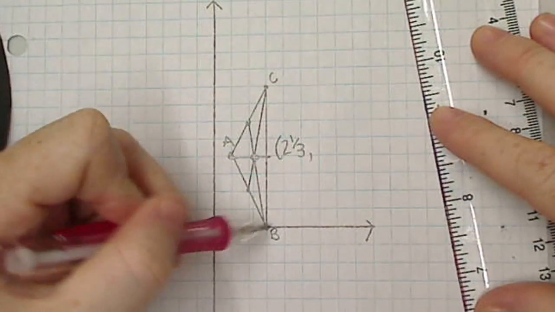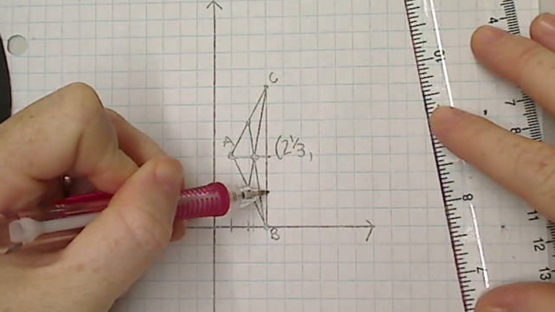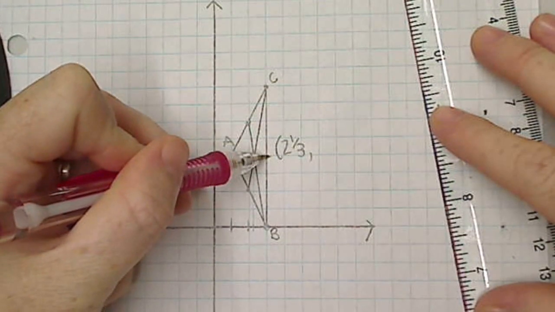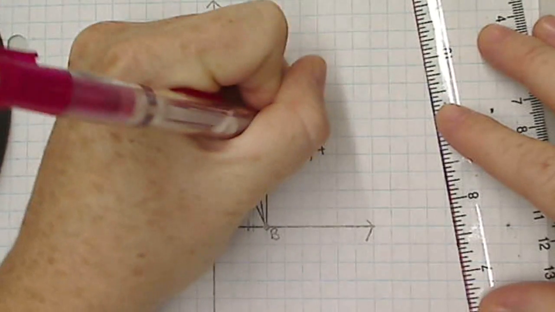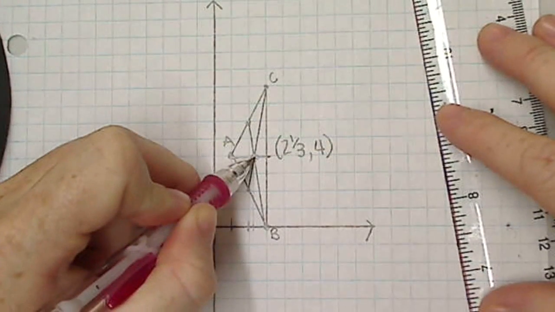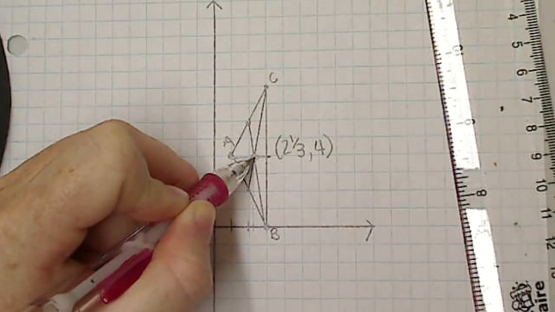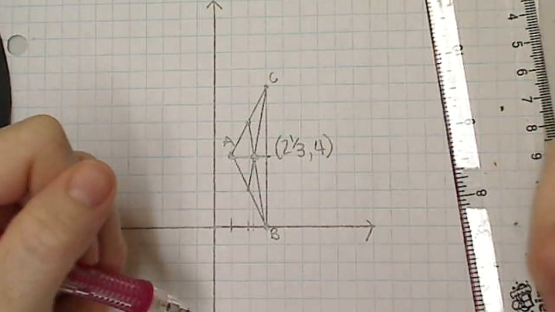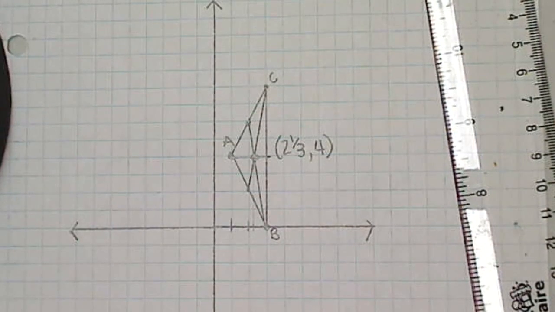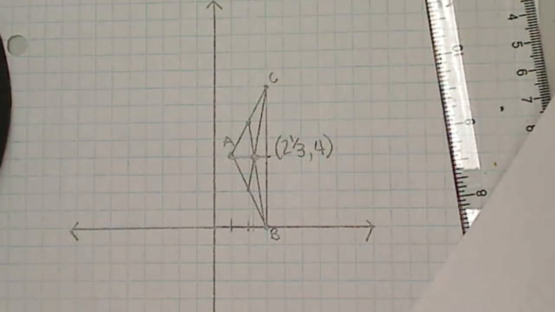And then where's my X? 1, 2, 3, 4. Here's where I want to place the pole to perfectly balance my triangle, at the point 2 1/3, 4. So let's write that on example 3.